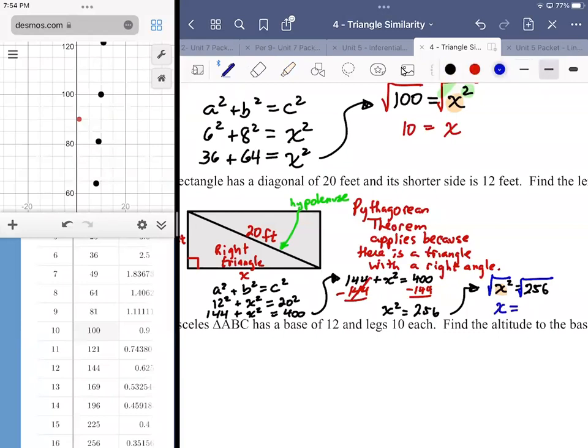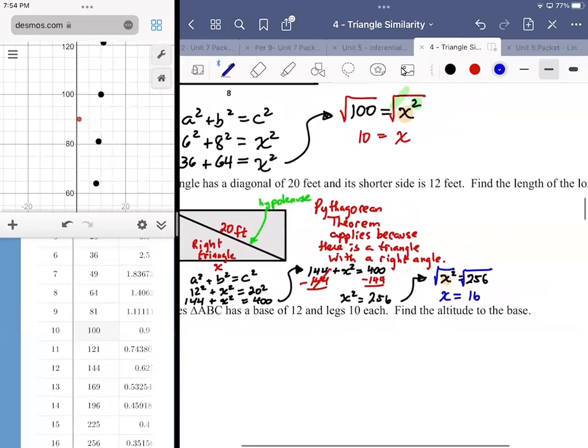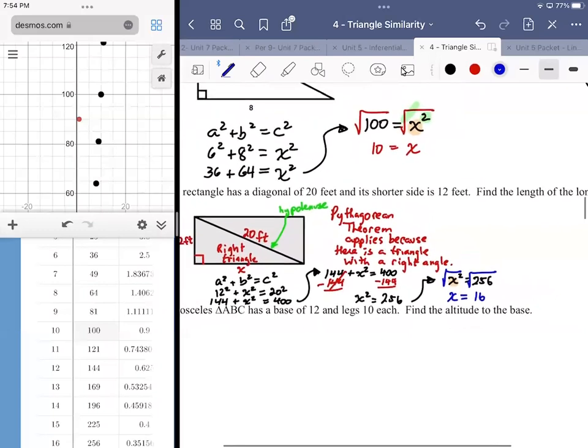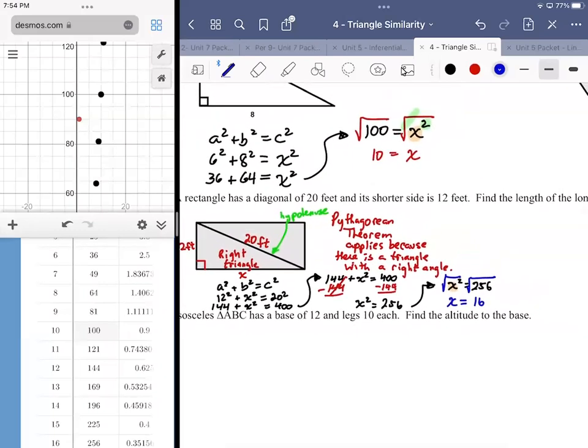Then we just need the square root of 256. Fortunately, that's a perfect square, giving a value of 16. But definitely a little bit more work to do in this kind of problem. Right? So now we introduced the X. So if I just say X is equal to 16, you haven't answered the question.